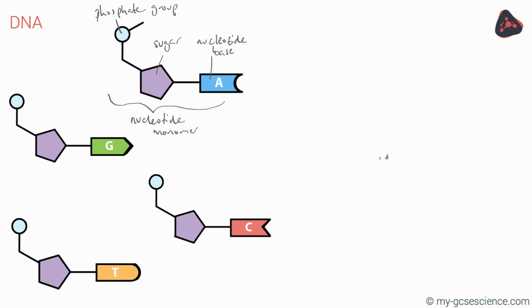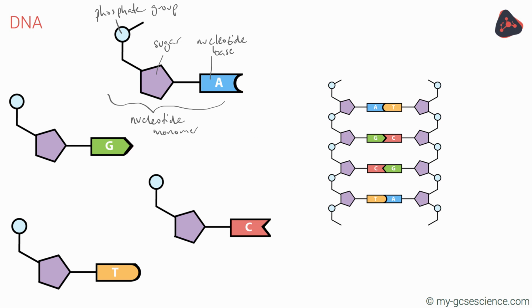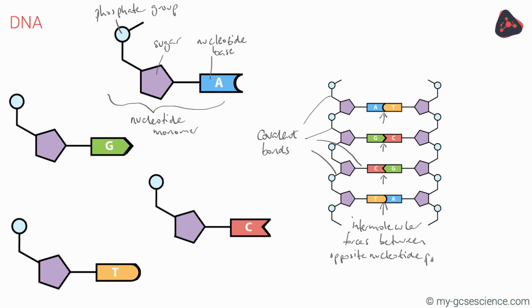In DNA, these different nucleotides react together by condensation polymerization, creating covalent bonds between the nucleotides and forming a really long polymer chain made up of a combination of these 4 nucleotides. DNA is made up of two of these long polymer strands that are connected together by intermolecular forces between the opposite nucleotide pairs. So DNA is not just one long polymer chain, but it's two joined together.